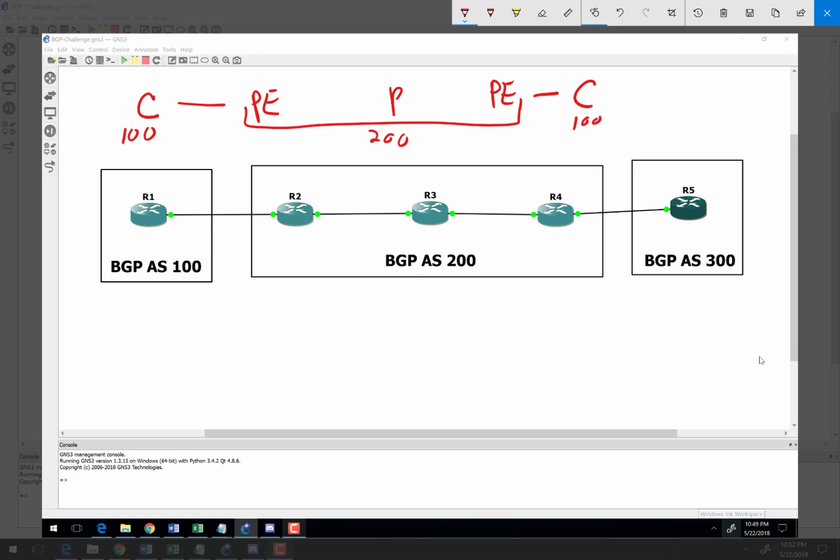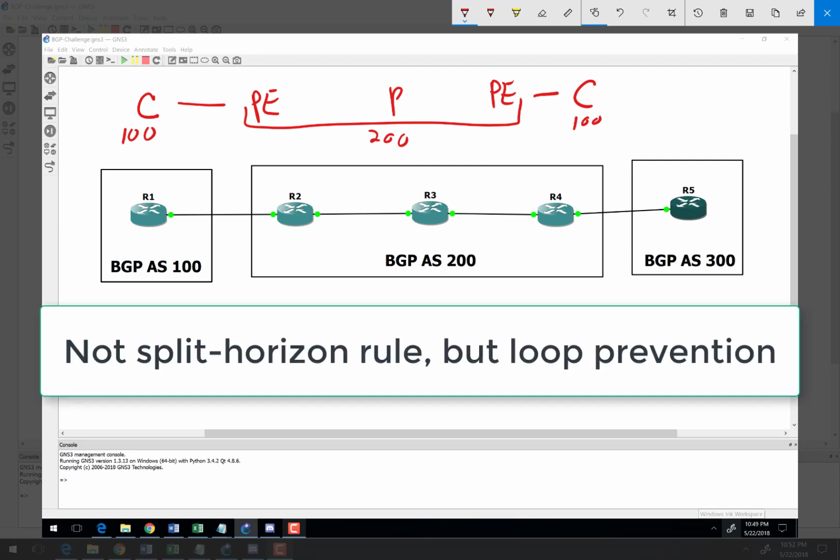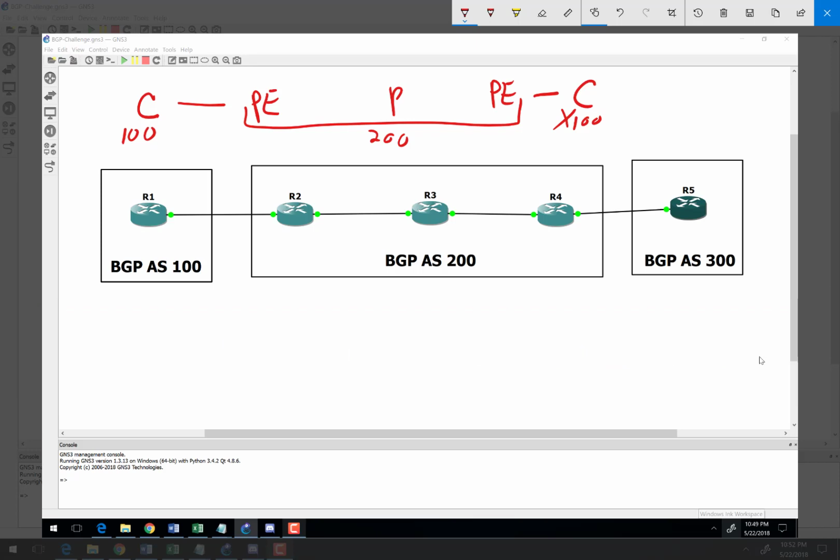They own that autonomous system number. It's okay if they use it on both sides. The BGP split horizon rule will actually not accept the path because it sees itself in it. So what the provider can do, the provider can actually do an AS override, which will replace this number with itself.